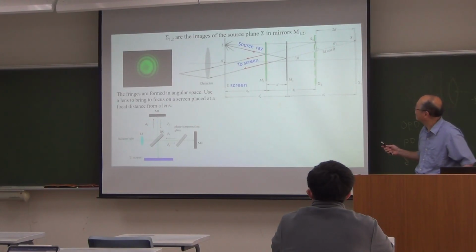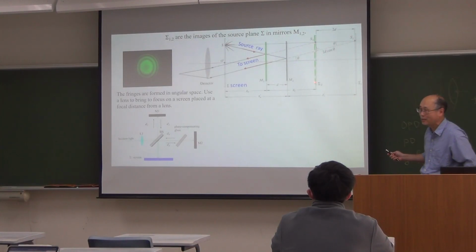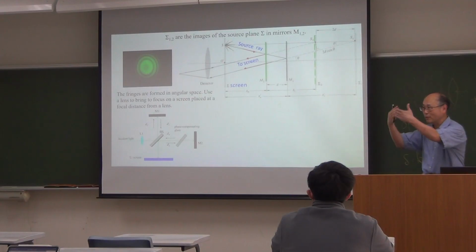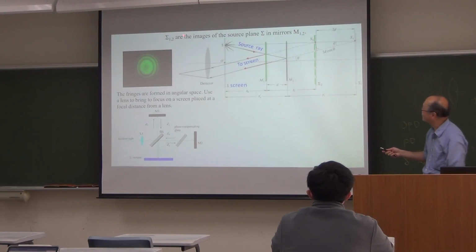Okay. This is a mirror, just a flat mirror, right? So whatever you put in front of this mirror is going to be imaged in the back. And then, same thing for this M1, it also generates an image of this screen right at this location.